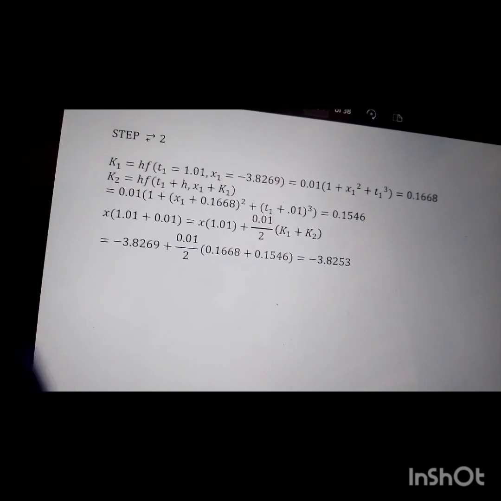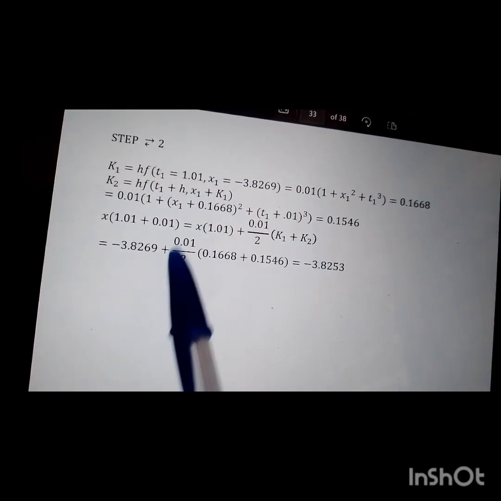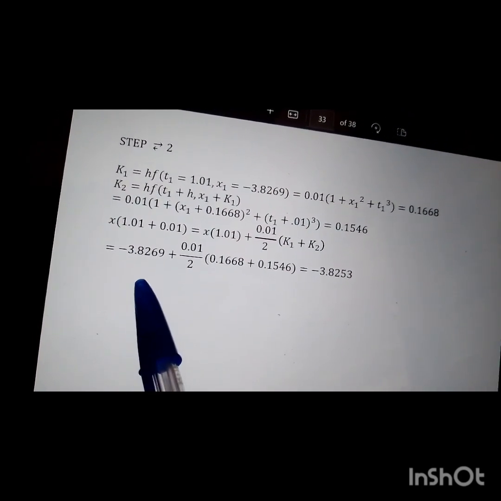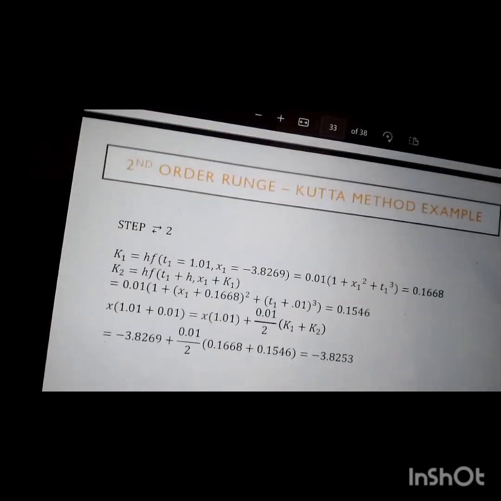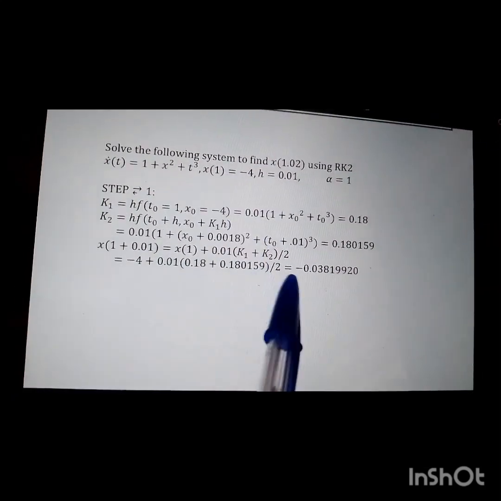Now here I'm seeing some discrepancy in the slide. Their x1 is a little different from what I have, so I'm trying to figure out why. This is just the answer, this is what we are using.